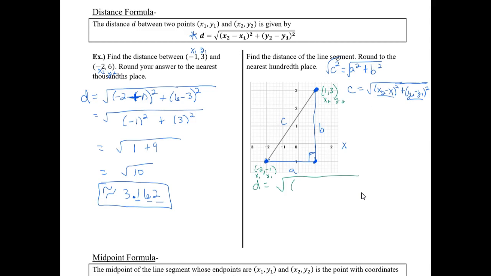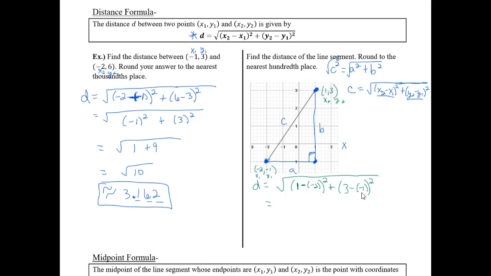So x2 is 1 minus x1, which is -2. That whole thing gets squared, because that's one of the legs squared, plus the difference in the y values. So y2 is 3 minus y1, which is -1. That whole quantity gets squared.